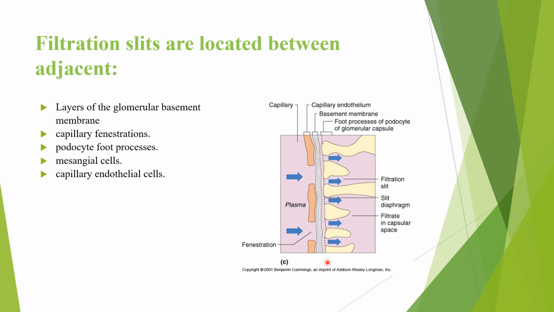This is the basement membrane. These are the capillary endothelium with the fenestrations, and here with the blue arrow you can see the filtration slit, also given the name of slit diaphragms. So filtration slits are located between adjacent processes of the podocytes. These are podocytes, and in between these podocyte foot processes you can see the filtration slits.